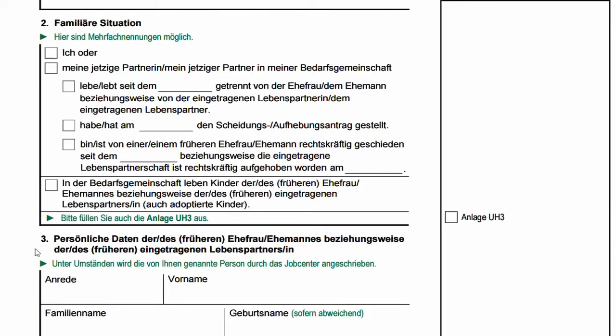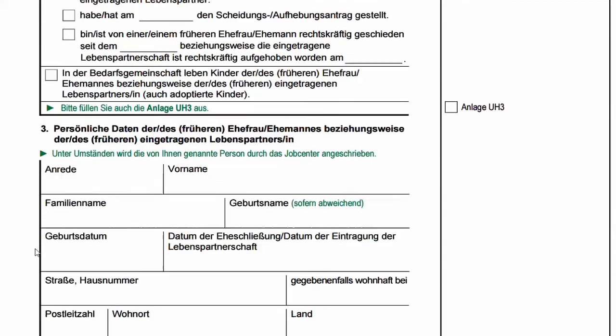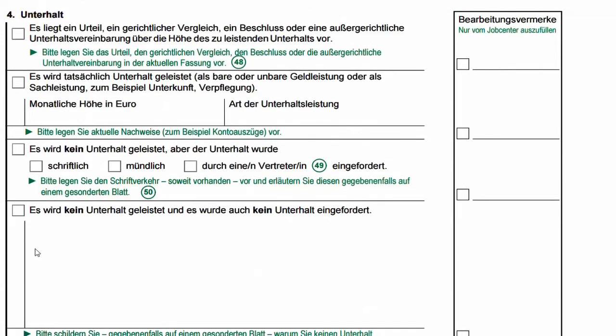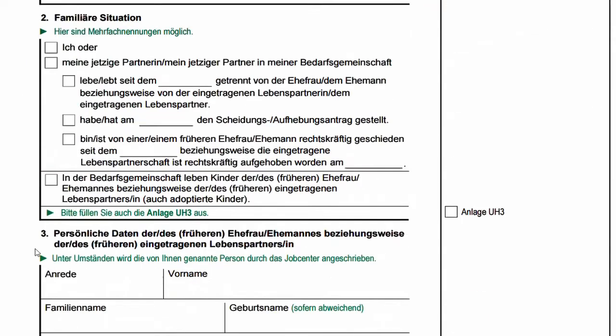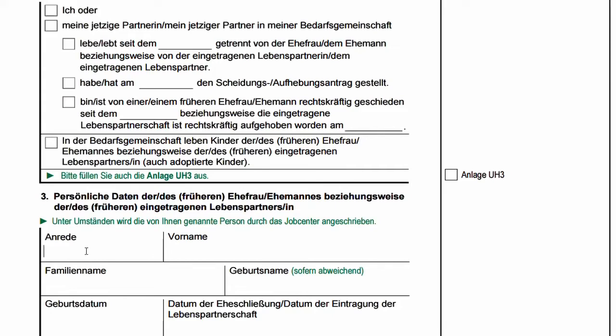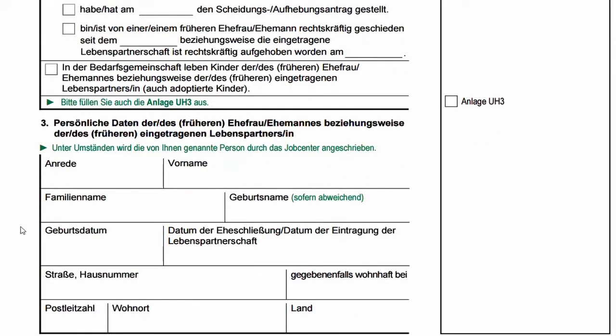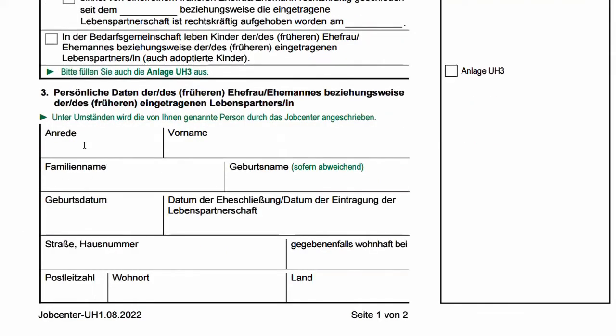In part 3, you write the personal information of your former wife or husband or same-sex partner, or the personal information of the former wife, husband, or same-sex partner of your current partner.